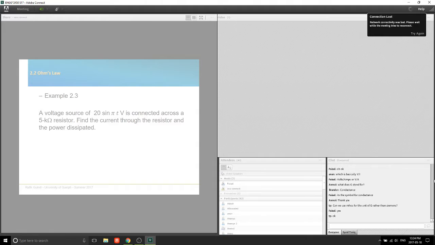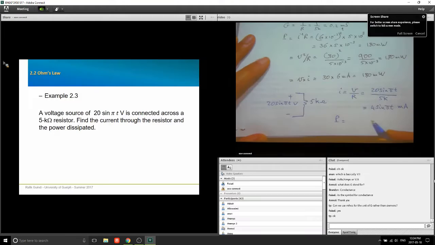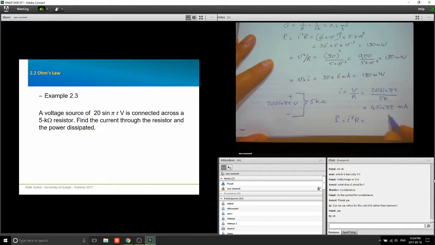Okay. For power, whatever, V times I, I squared R, V squared over R. I squared R equals this one squared, that's the current, so it's 16 sine squared pi t, but be careful, because of the milli here, you get times 10 to the negative 6, right?